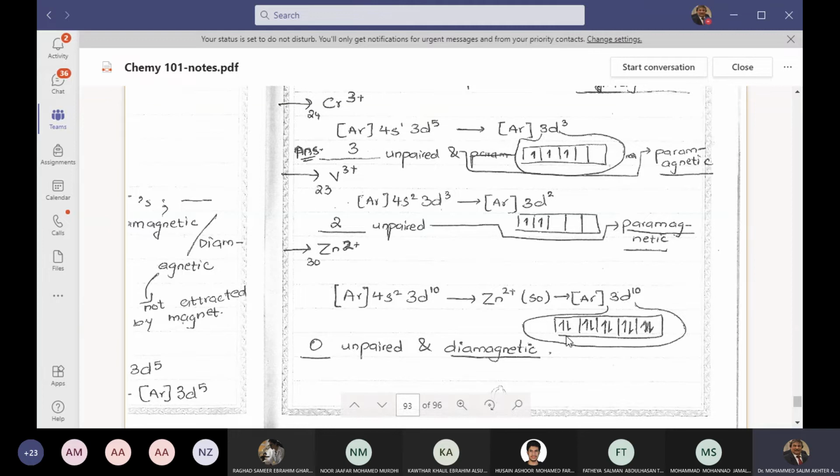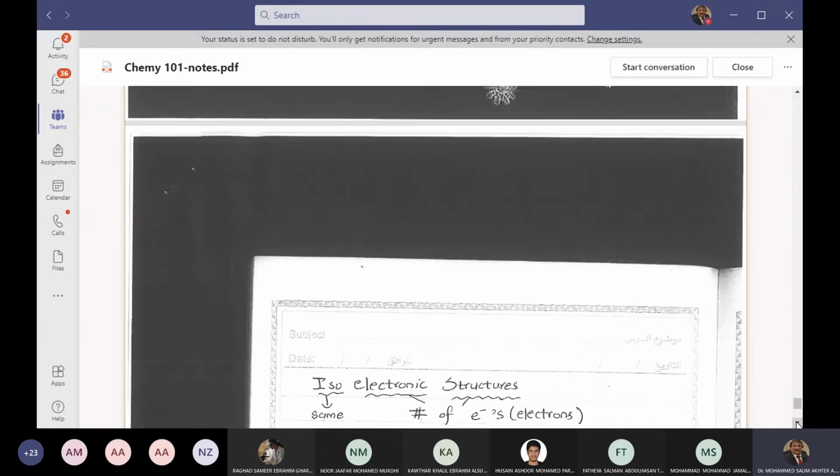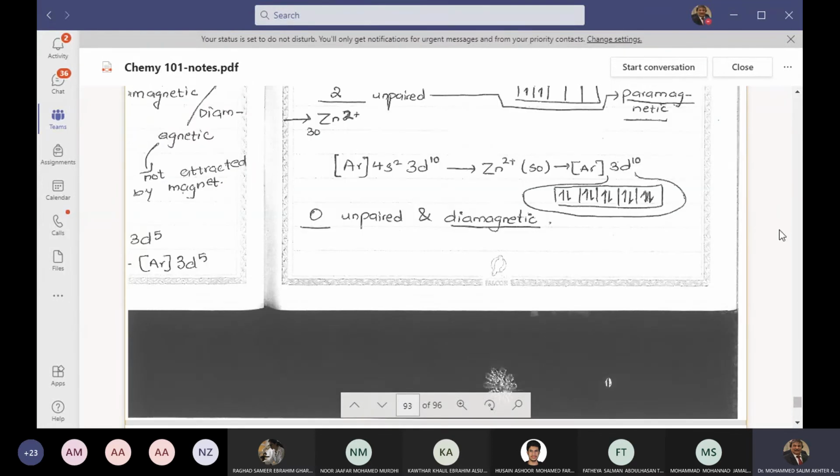I have five boxes, 2, 2, 2, 2, 2, and this is diamagnetic, 0 unpaired. I will give you an example which is not here, just to test you.